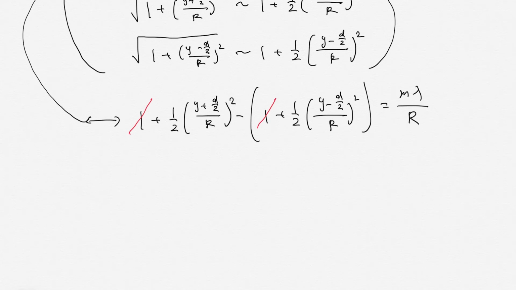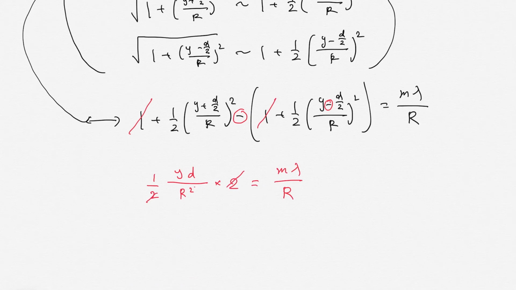So it's going to be 1 over 2 R squared times y times d. The y squared terms and the d over 2 squared terms are going to be cancelled out on both sides. But the negative sign becomes positive, so it's multiplied twice. It's m lambda over capital R.